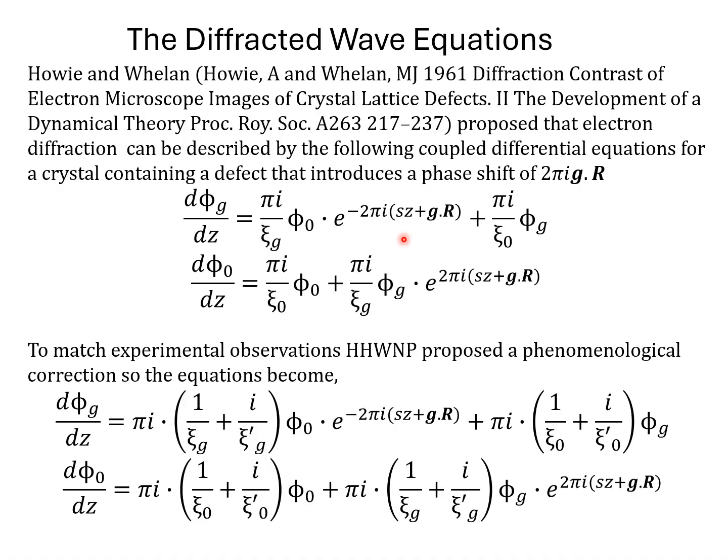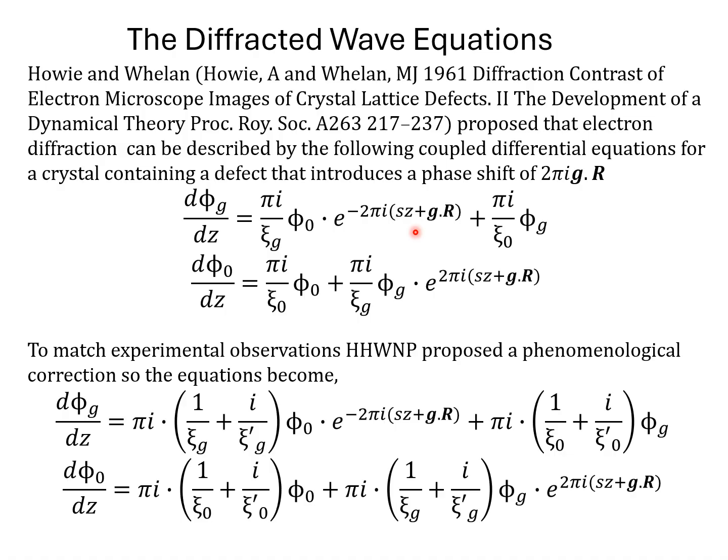Now it turns out that when Howie-Whelan, Nicholson, and Pashley wrote their book, in it they make the point that they can't get this equation to work. It doesn't give the variation in electron intensity as a function of either deviation parameter or distance in the crystal, or that one would observe.